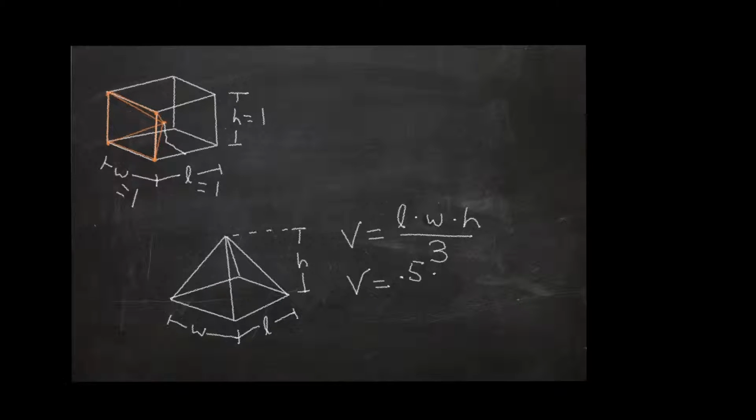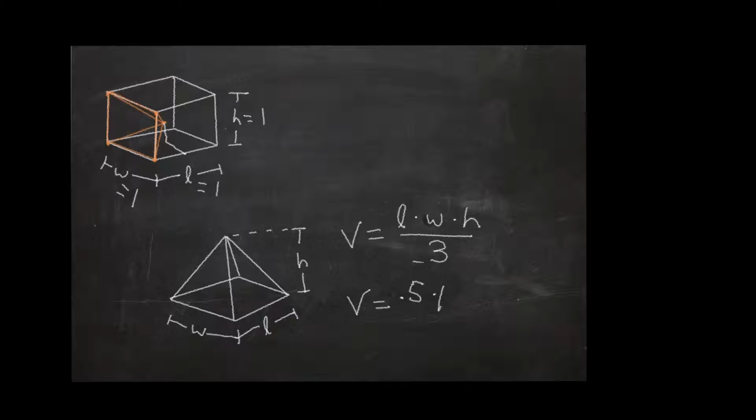So 0.5 multiplied by, what is the width? Well, the width is just 1. That's pretty easy. You know what? Let's go ahead and move this down a little bit, just to make it a little easier to see. Okay, 0.5 multiplied by 1, and then what's the height?